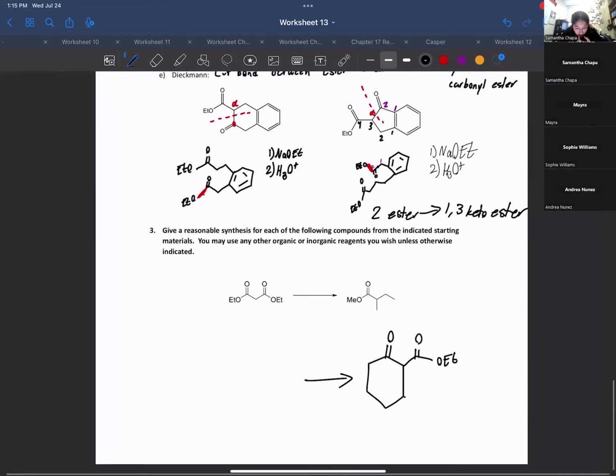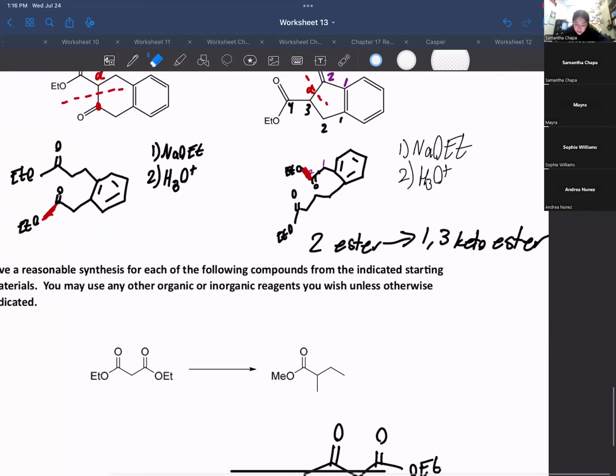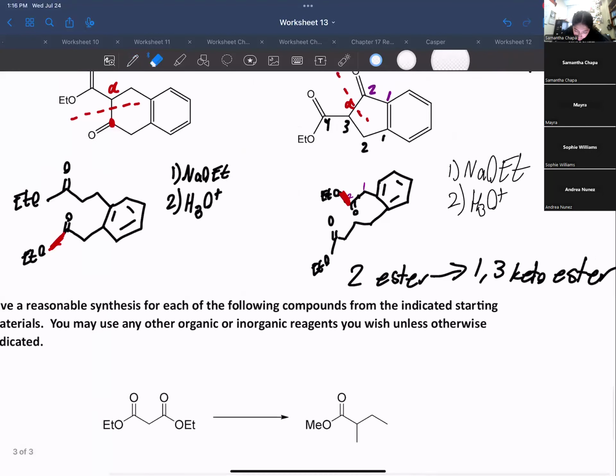Let's see. Oh, yeah, I accidentally added a carbon. I think I accidentally added 2 carbons. 1, 2, 3, 4. Yeah, I accidentally added 2 carbons.